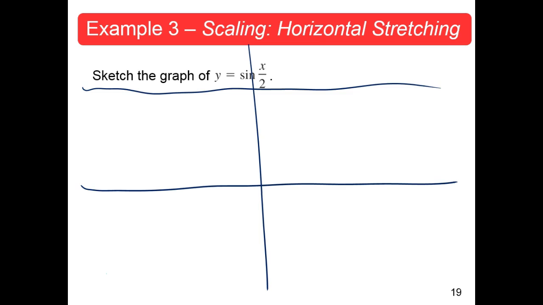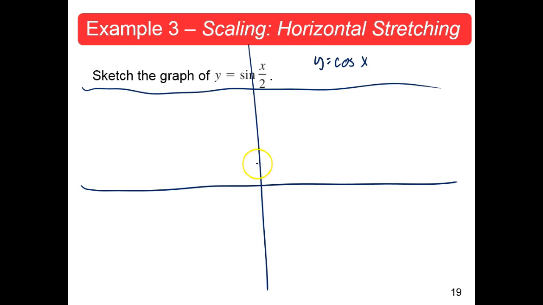So let's start this way, which isn't part of the problem. Y is equal to cosine x. We'll start with this. Now I'm going to look ahead and make sure I get everything covered here.